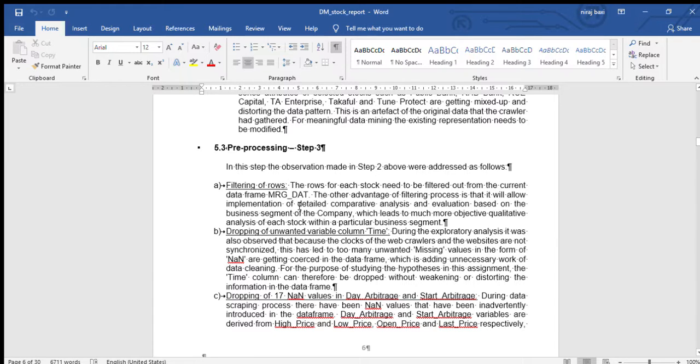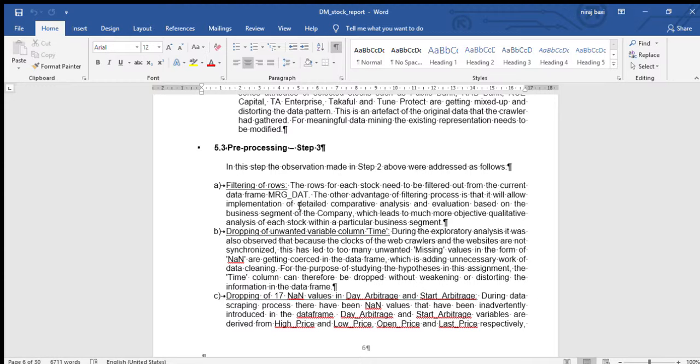In step 3, we tried to restructure the representation of the data in order to group it, so that some kind of meaningful exploratory analysis can be done before we move into the actual data mining process. We did the filtering of the rows, which ensured that we combined all these things together nicely. Then there were certain missing values in the form of NaN, not a number, that were induced because of the timestamps.